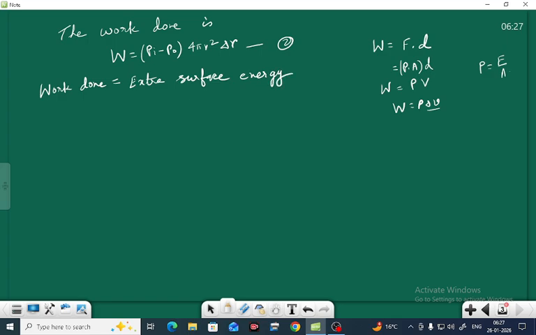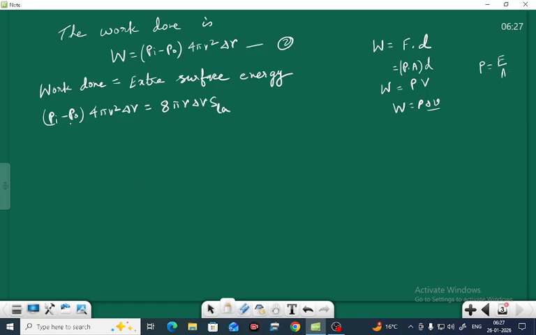Therefore, we can equate these two and we get a value: (Pi minus Po) into 4 pi r square del r is equal to 8 pi r del r into S liquid-air interface.